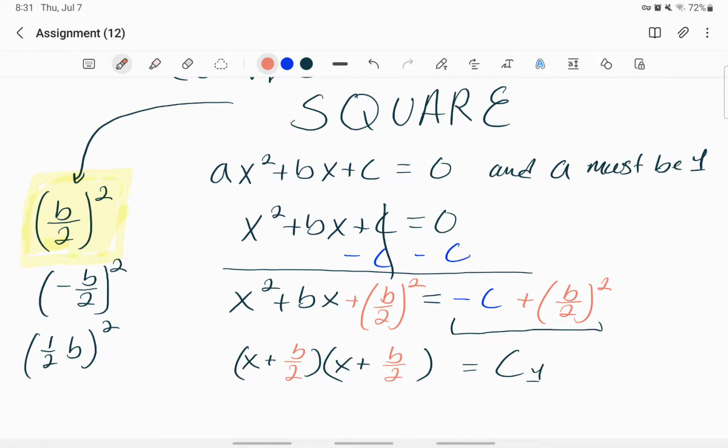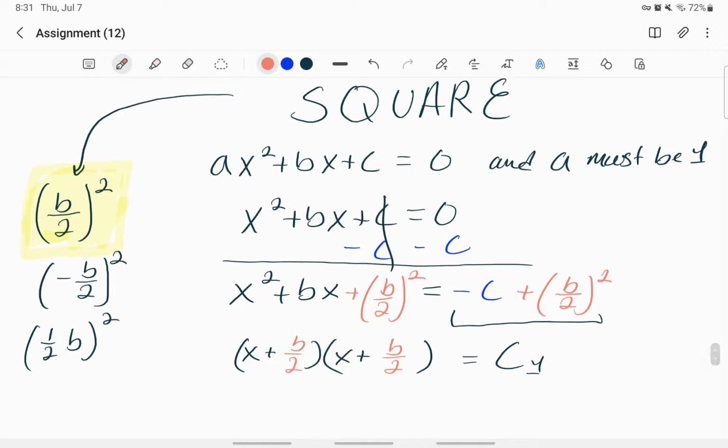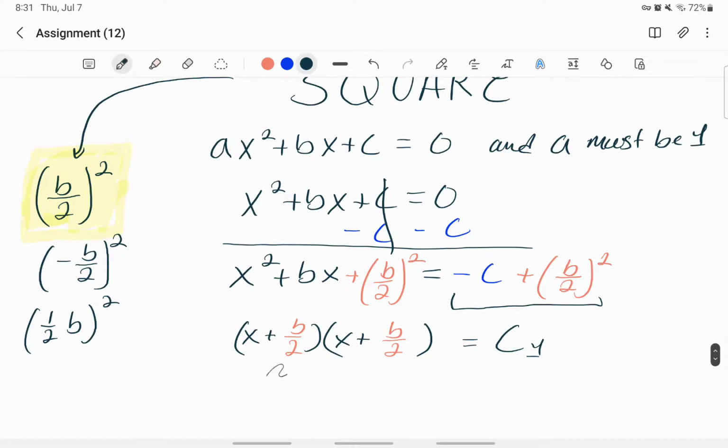I'm just showing you the proof behind it. X plus b over 2 times x plus b over 2 is x plus b over 2 squared.